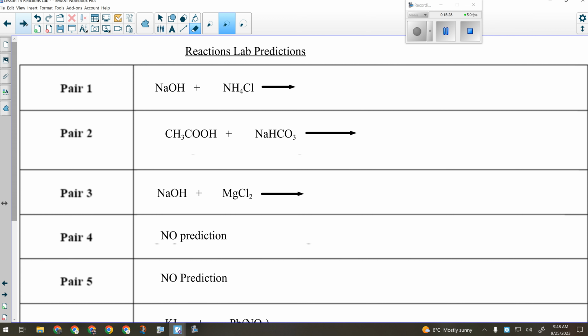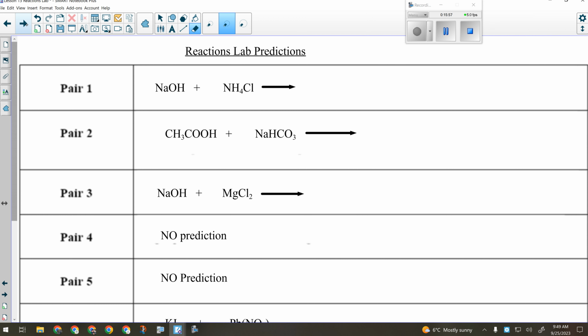All right, so for pair number 1, we're mixing sodium hydroxide with ammonium chloride. What kind of reaction are we looking at here? Double replacement. So in a double replacement reaction, we should be swapping the metals. Agreed? What's acting as a metal in ammonium chloride? Ammonium.